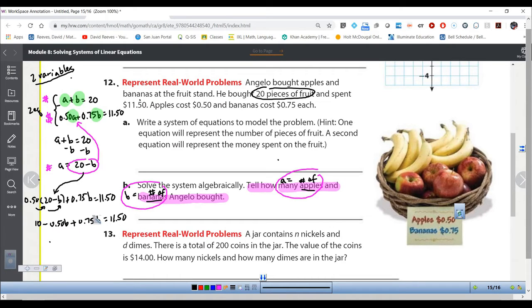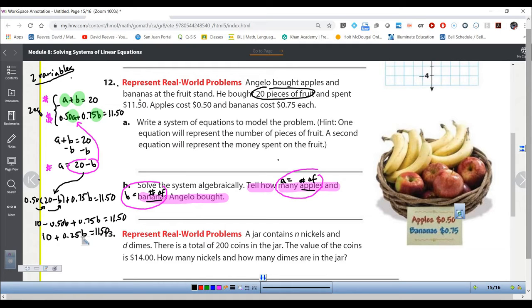I've got 0.75b, or 75 cents per banana, minus 50 cents times b right here. When I do that, I get 10 plus 0.25b, right? Because 75 minus 50 is 25, but it has a decimal on it. And that's equal to 11.50.